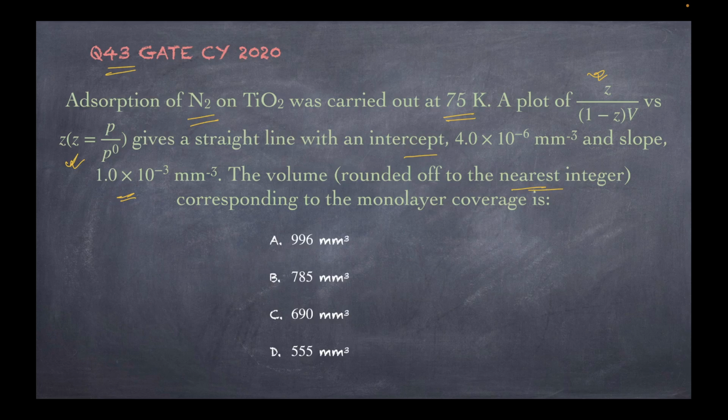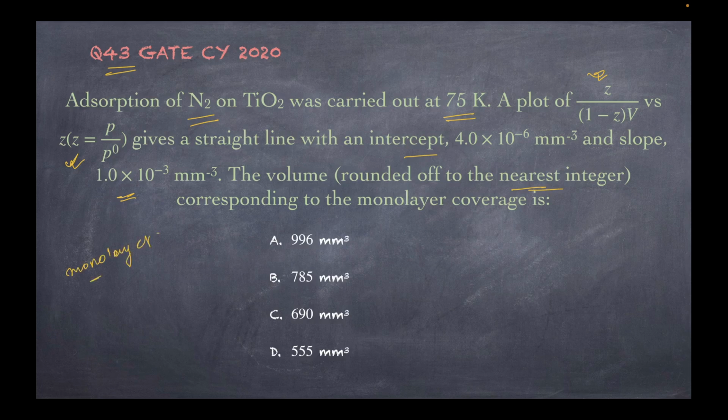For adsorption of any gas on a surface, we can use two types of expression: the Langmuir isotherm and the BET isotherm. Langmuir isotherm is basically for monolayer adsorption, that means when the gas molecules are adsorbed in only one layer on the solid surface.